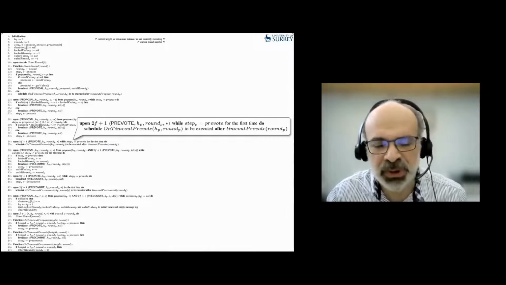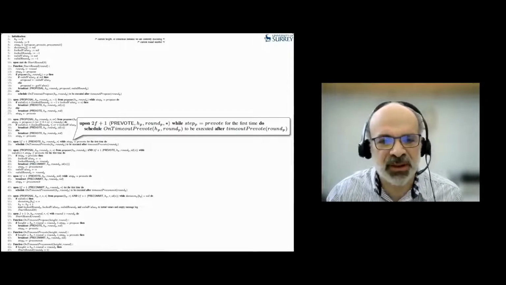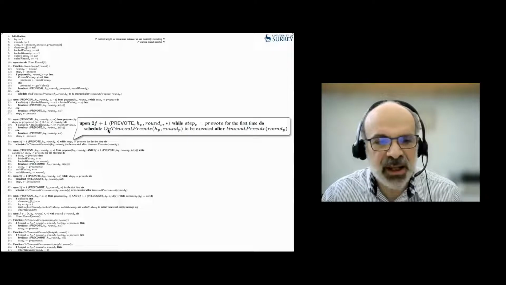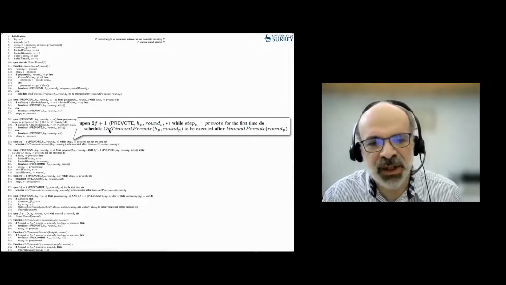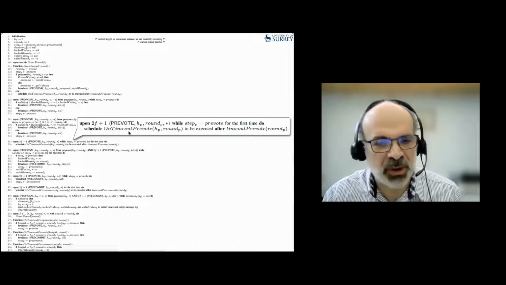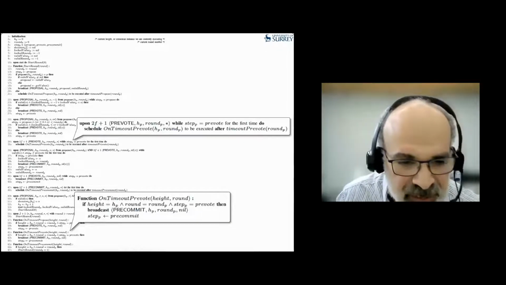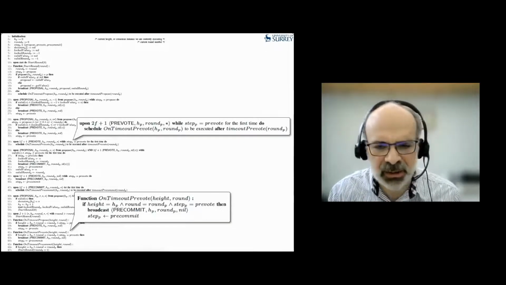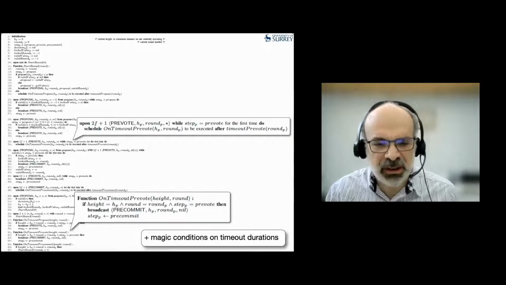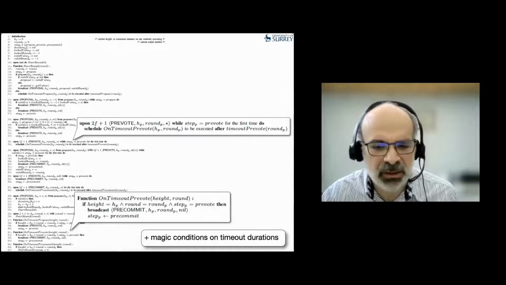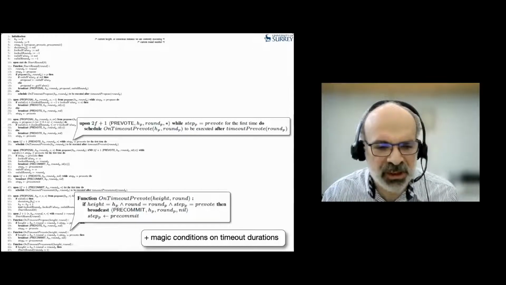In particular, what I want you to notice is that there are all kinds of conditions that have to do with synchronization and timeout management, which keep appearing in different places. It's not really clear what they're trying to achieve, what the timeout durations should be for things to work properly, and why we need these timeouts.